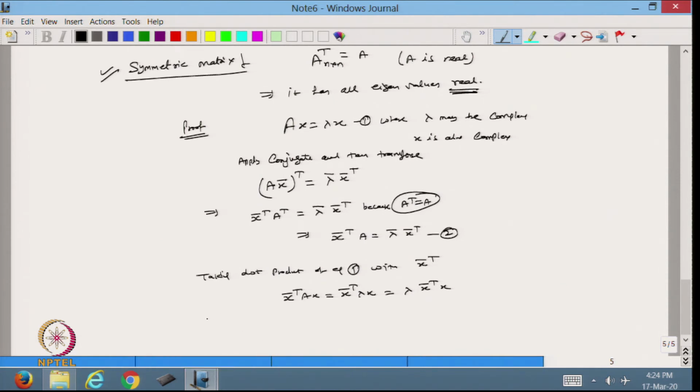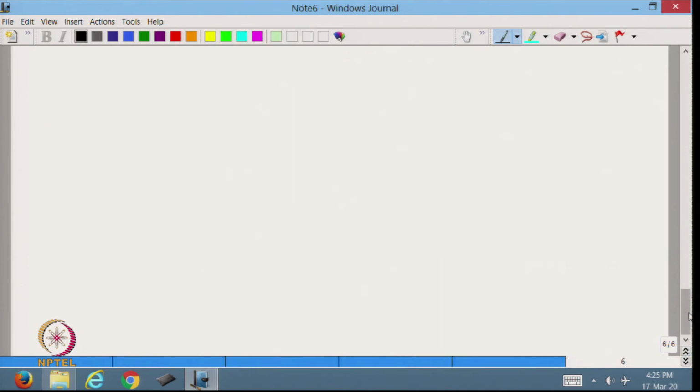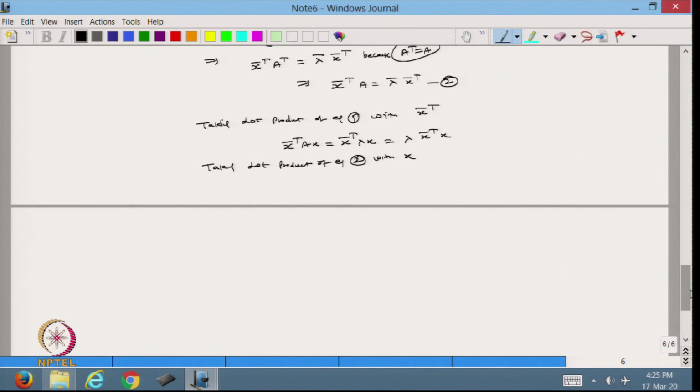Now, the same thing I am going to do by taking the dot product of equation 2 with x. So, I will take it with x only. From here I can write x bar transpose A x is equal to lambda bar x bar transpose x.